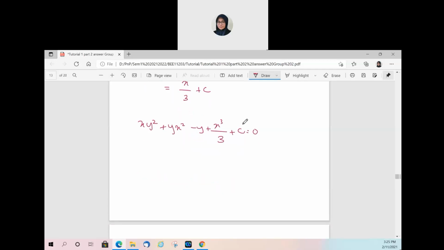So ataupun you pindahkan c ke sini terus. So xy kuasa 2, x y square. Saya buat salah tak apa, you all tak boleh buat salah tau. yx square minus y plus x kuasa 3 per 3 equals to c. So dia you tak want jadi negatif eh? So dia sama je, c equals to minus c. Okay, faham.